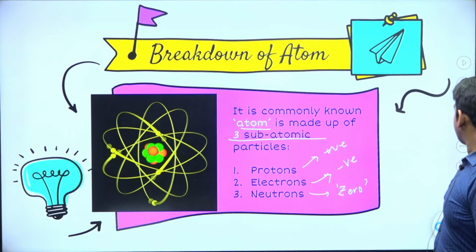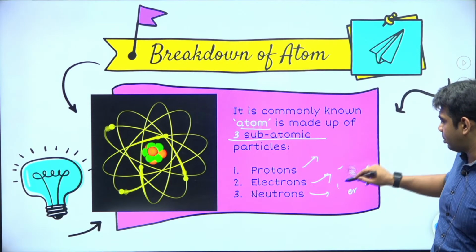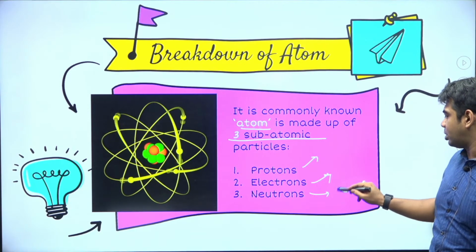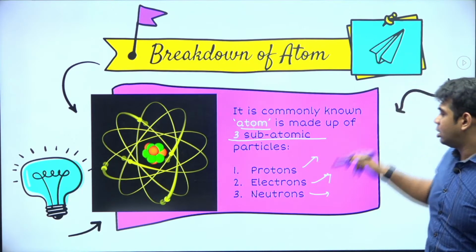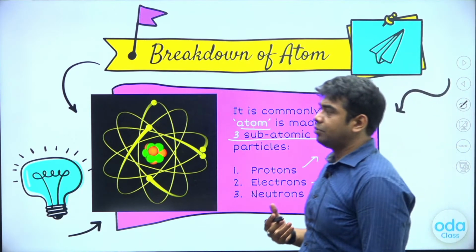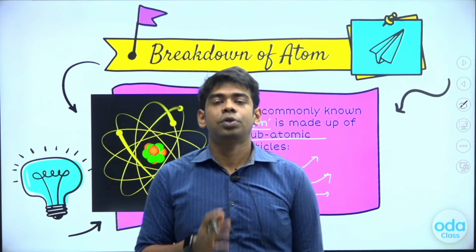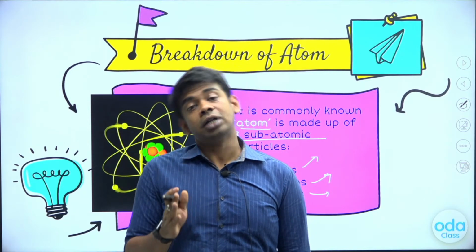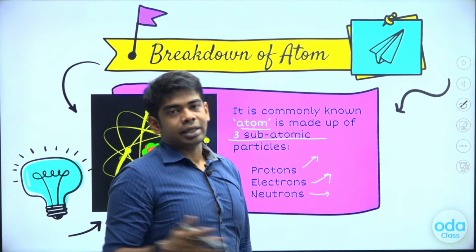The next thing you have to understand is their mass. In the mass of an atom, we consider the mass of protons and the mass of neutrons, but we don't consider the mass of electrons, because compared to the mass of proton and neutron, that is negligible.